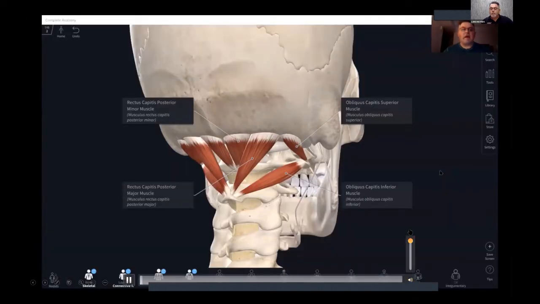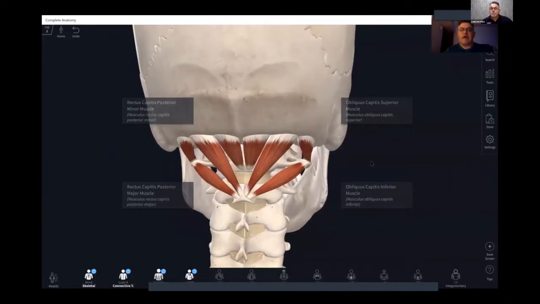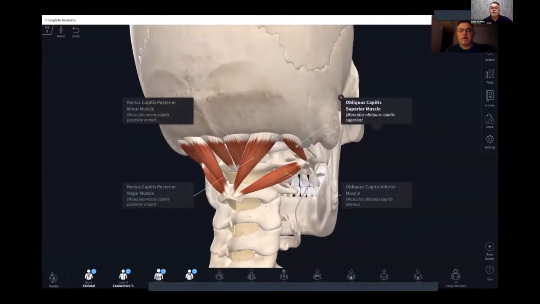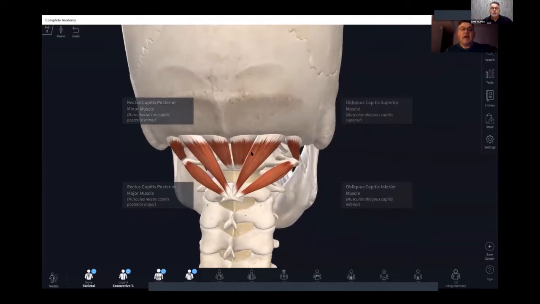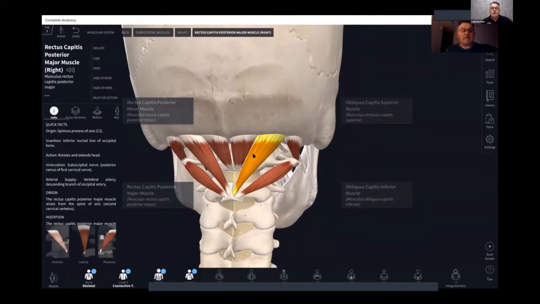Yes. Okay, so 3D anatomy of the suboccipital muscles. There are four on each side. Here we'll look at the Obliquus capitis superior and the Obliquus capitis inferior, those being more on the lateral aspect. And then medially we have Rectus capitis posterior major and Rectus capitis posterior minor.